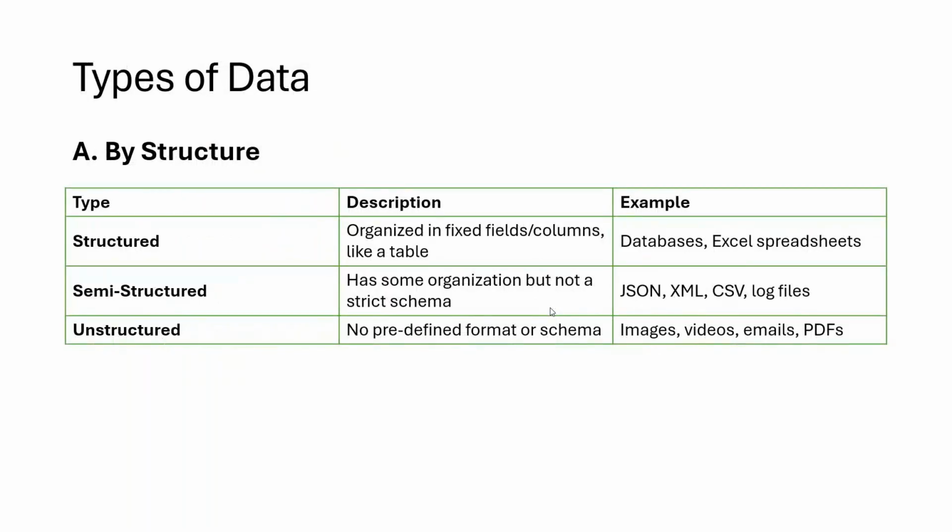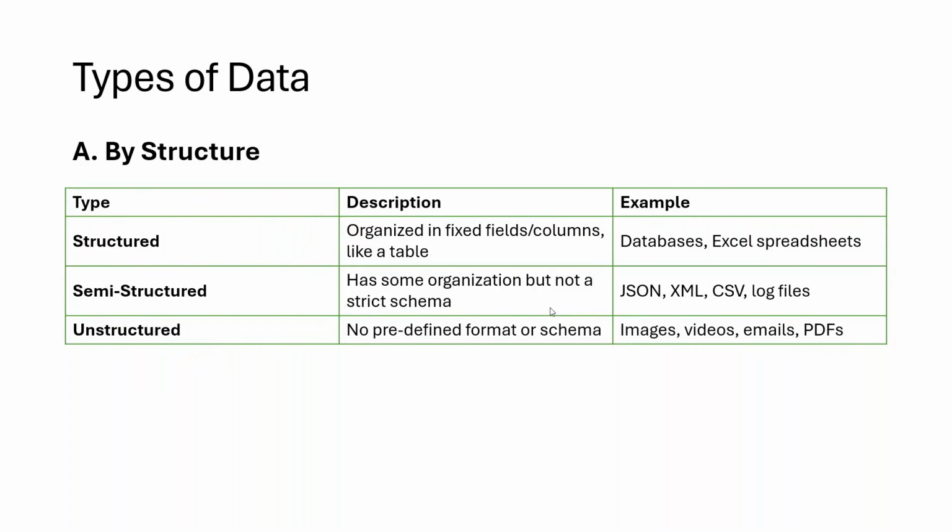So what are the types of data? The types of data depend on what context you are having. By structure, we have primarily three types of data: structured, semi-structured, and unstructured. When you say structured, then all the RDBMS, SQL, and NoSQL stores are structured data. An Excel sheet is also structured data.